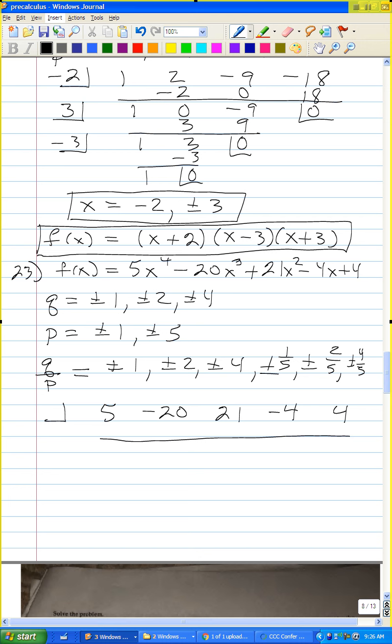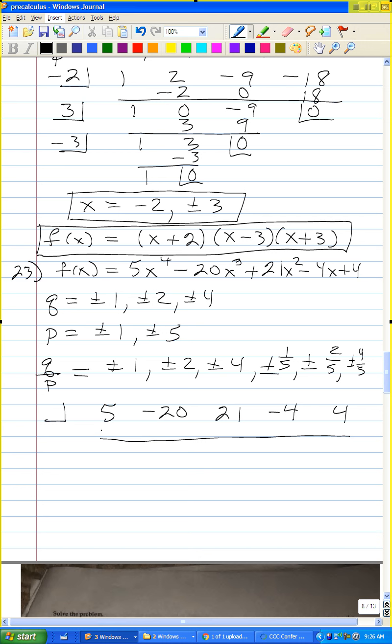Okay, so if I look here, at 0 it's positive. At 1 it's going to be a negative 24. Oh, it's still positive at 1. Okay, so it's still positive. Oh, so let's try 2.